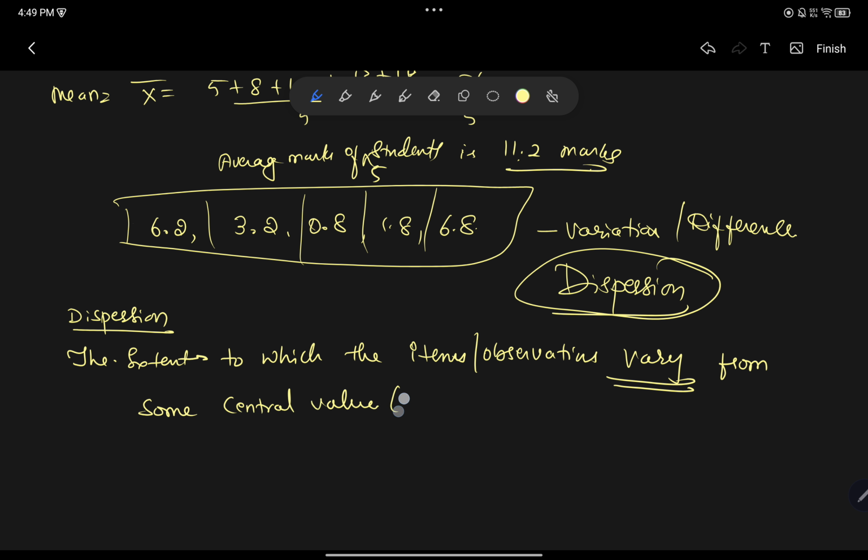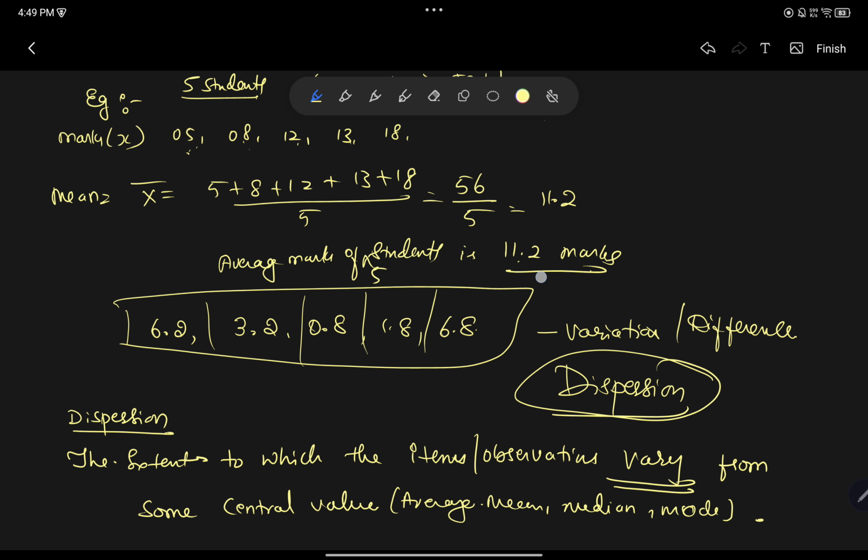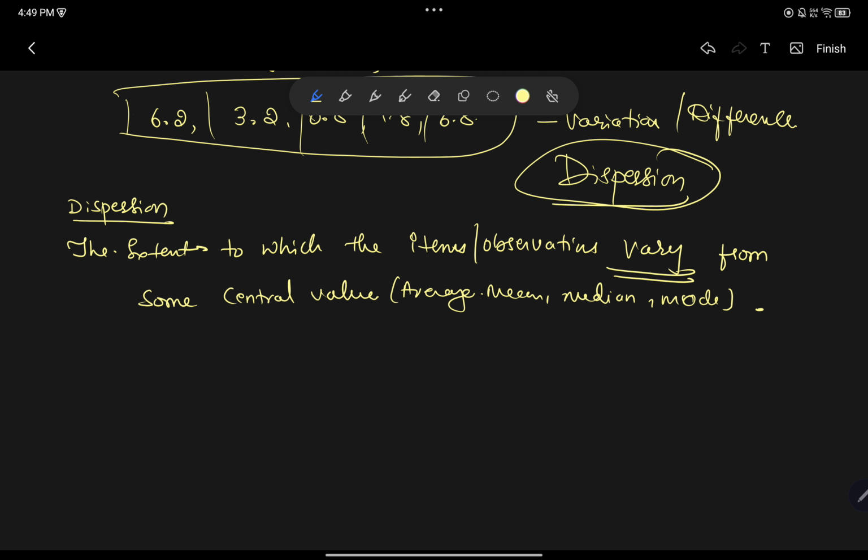Some central value can be average. Correct. Average like mean, median, mode value. Now I compared this average value with the other values. That is what we call dispersion.